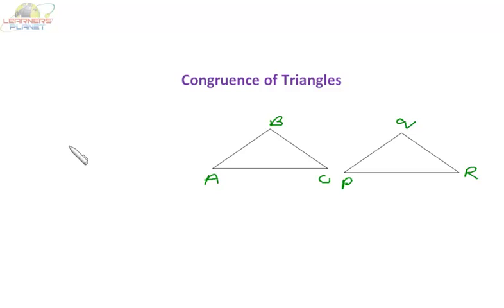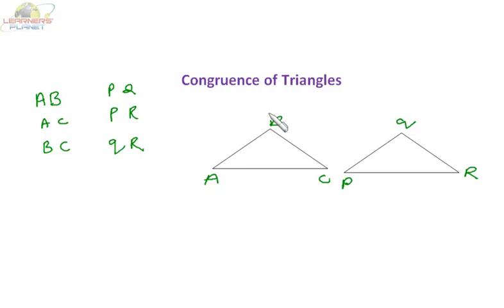Let me just write it over here. Suppose here I'm having line segments AB, AC and BC, and here it's PQ, PR and QR. So if the three line segments of this triangle are identical to the three line segments of this triangle, then these two triangles will be congruent to each other.